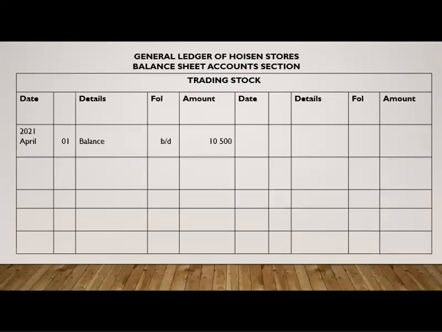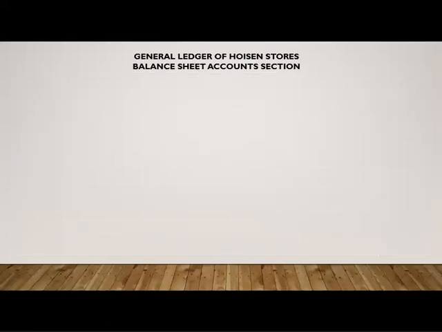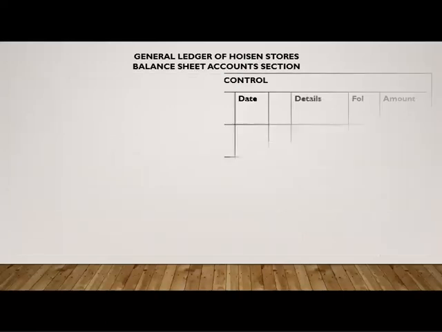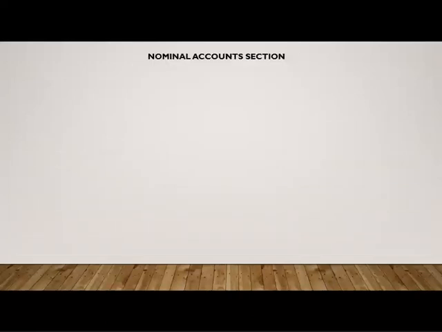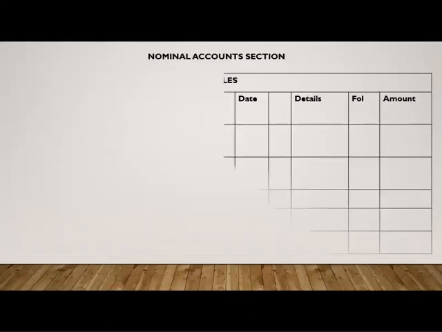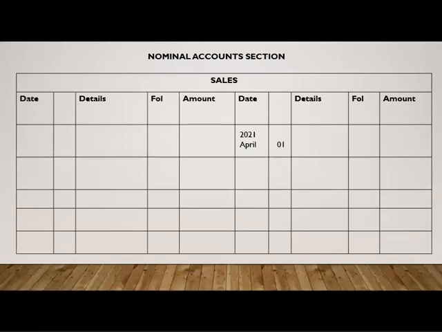And for debtors control, you should be able to work it out actually. Sales, the balance will just be 0. And then for cost of sales, your balance brought down will also be 0.